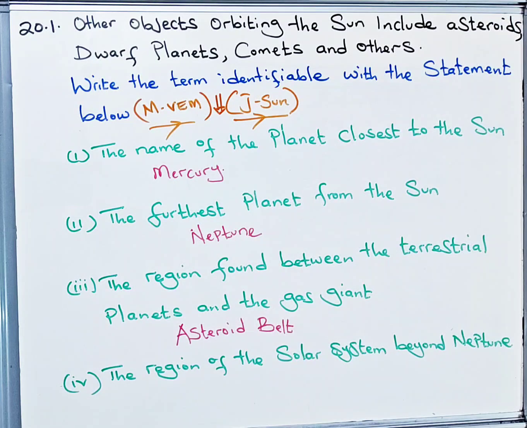So beyond Neptune, what do we call that region? We call it Kuiper belt. Take note of the pronunciation. It doesn't sound like it is written, but that's how we are supposed to be calling it. So the Kuiper Belt lies beyond Neptune.